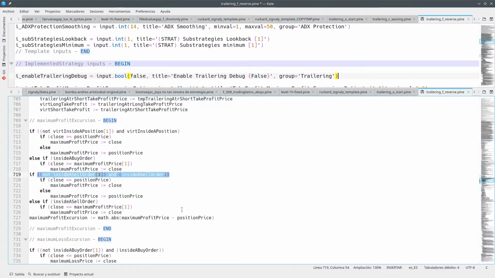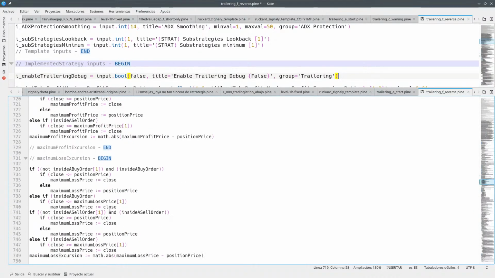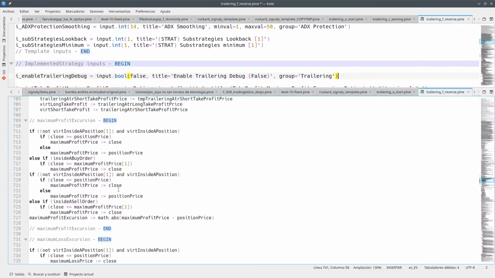The same thing happens here, and the same thing happens here. Then we are inside.